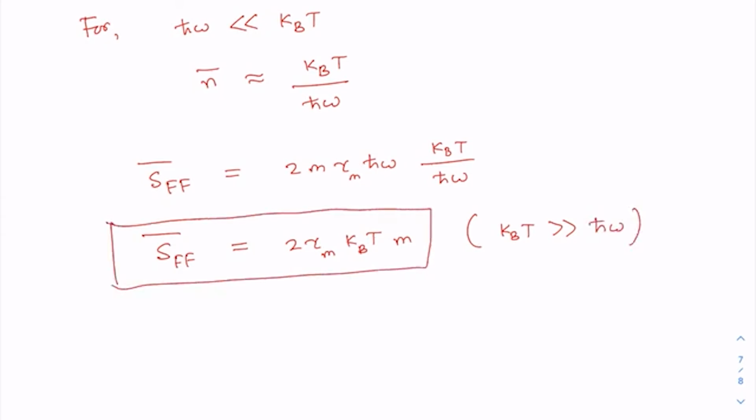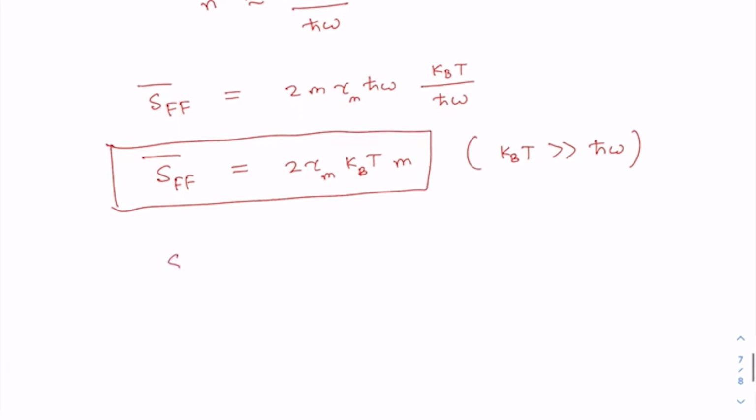As you can see, this particular function is now independent of frequency, so the spectral noise density is obviously frequency independent, so they are symmetric in frequency, and this is the case for when we are in the classical regime that we also discussed in the class.